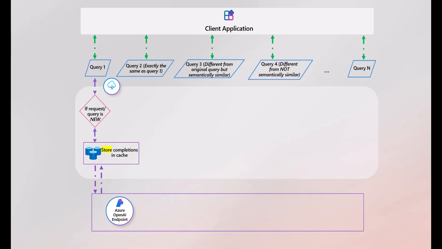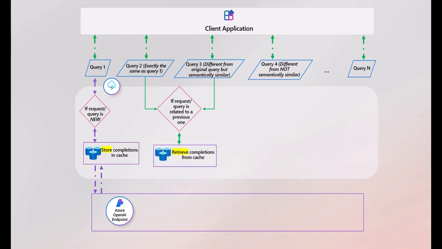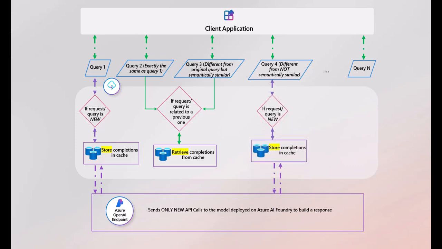If the client application receives queries that either contain specified keywords or are semantically similar to any of the prompts in your cache, Azure API Management will not pass the request to the backend, but will instead retrieve the corresponding completion from your cache and send it back to the user. And if your application receives a new query, the normal workflow kicks in, sending the call to the backend and storing a new entry in the cache. Let's dig deeper into these policies.